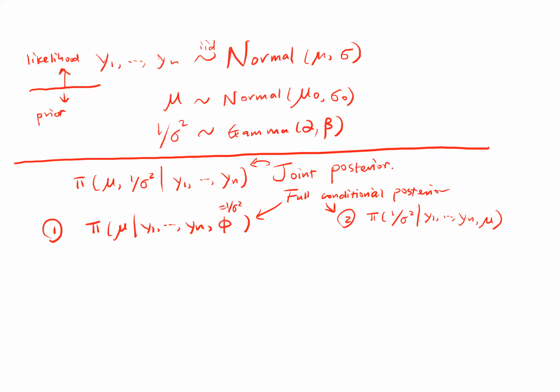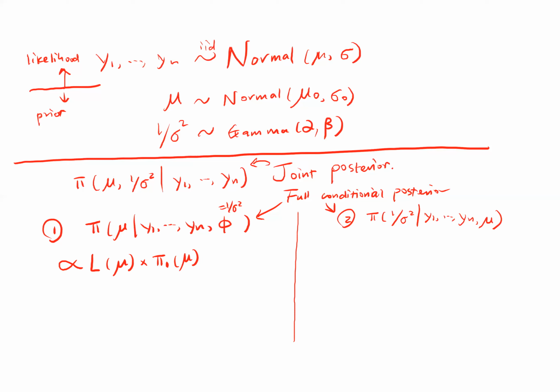I'm going to give you a couple of minutes just to try it out. Again, like what we were talking about earlier, you can pretty much already see the results, right? See the resemblance to what we covered before. But I want you to try it out. For the full conditional for mu, it should be the likelihood function about mu times the prior, which is pi 1 when we're working with mu, right?